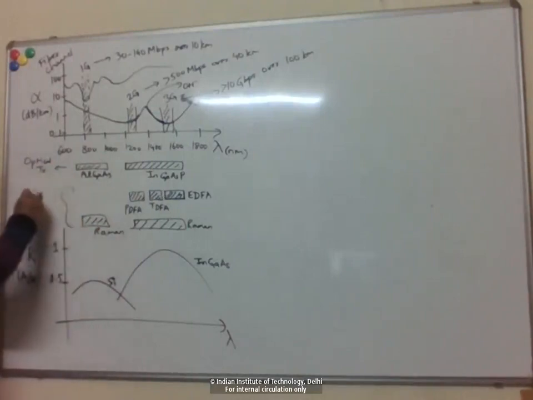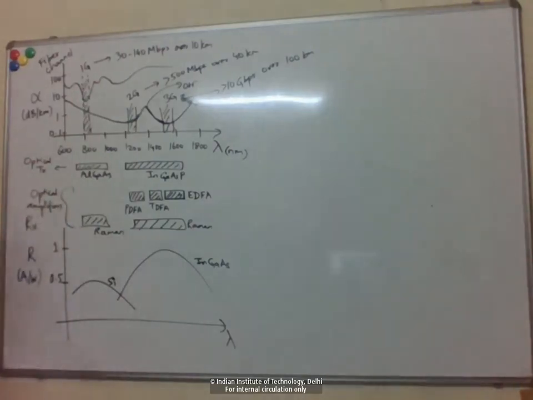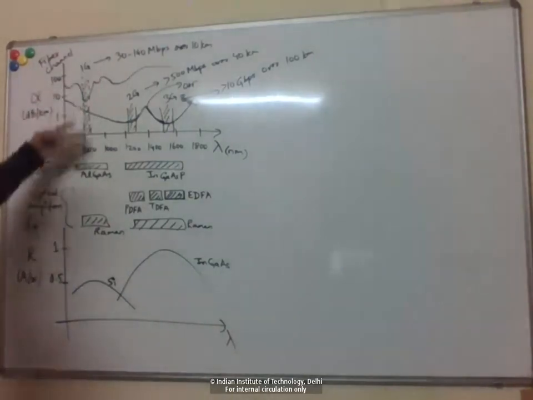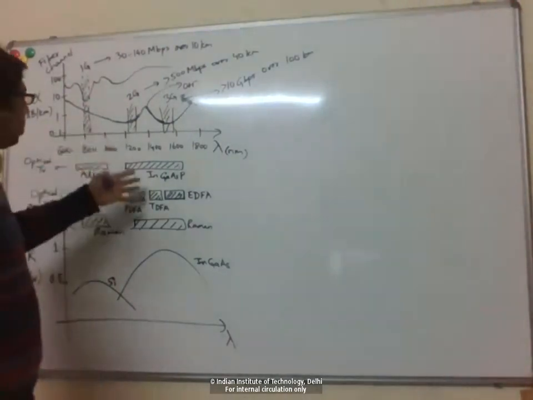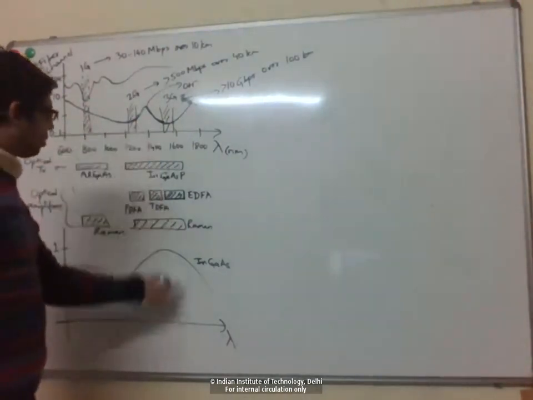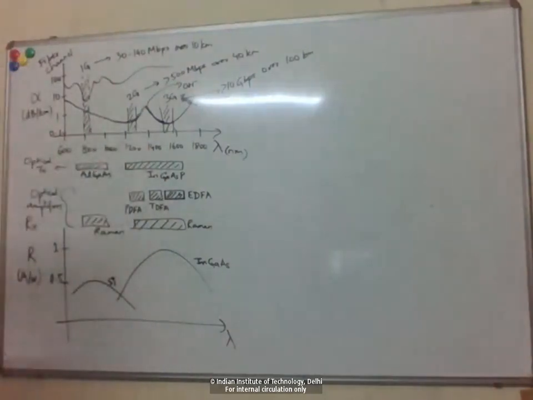Okay, so this is optical amplifiers. Right, so basically these are the most important building blocks for an optical communication system, and you can see, depending on the availability of all of these components, the optical communication technology has evolved over the years.